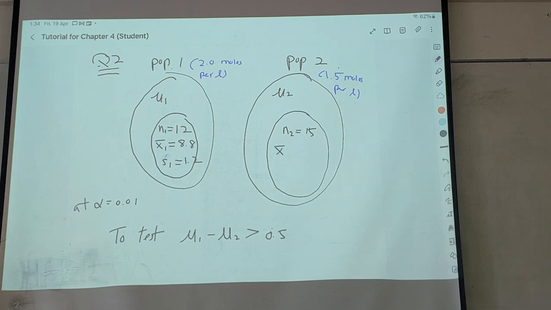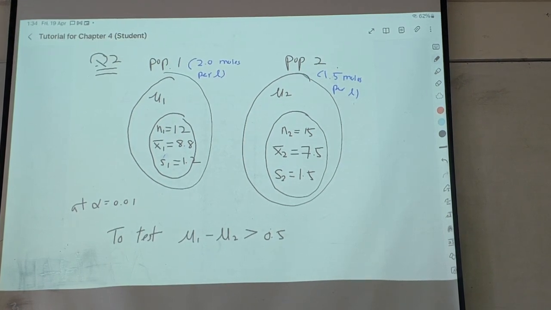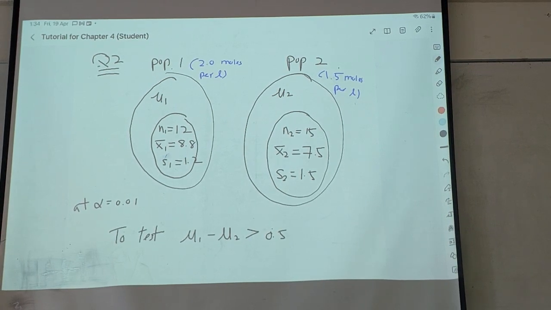X bar 2 is equal to 7.5. Then S2, the sample standard deviation, is equal to 1.5. Okay, do you understand now? So at alpha equal to 0.01, they want to test if that increase in the substrate concentration will cause the mean velocity to increase more than 0.5. Okay?